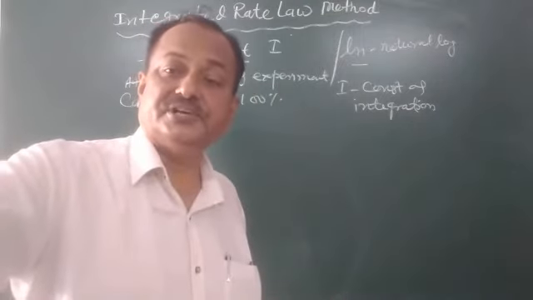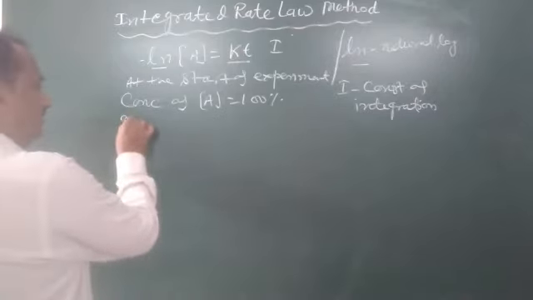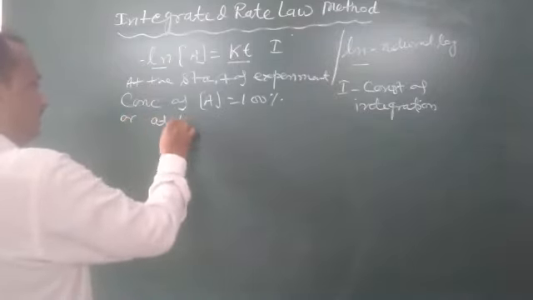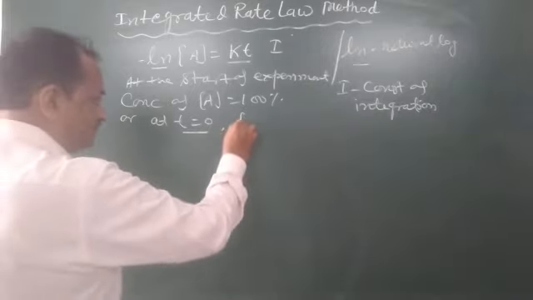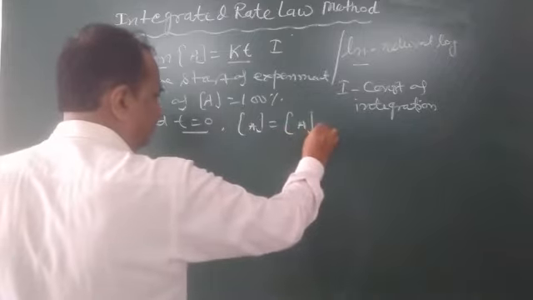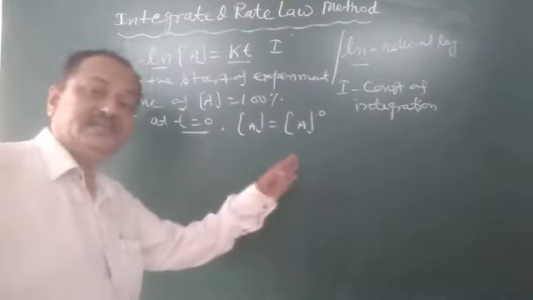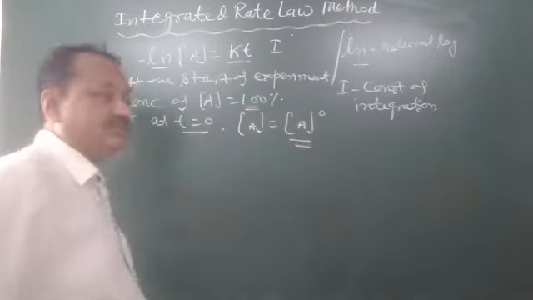So at t equal to 0, meaning the start of the experiment, A will be equal to A naught, which indicates the 100% value.